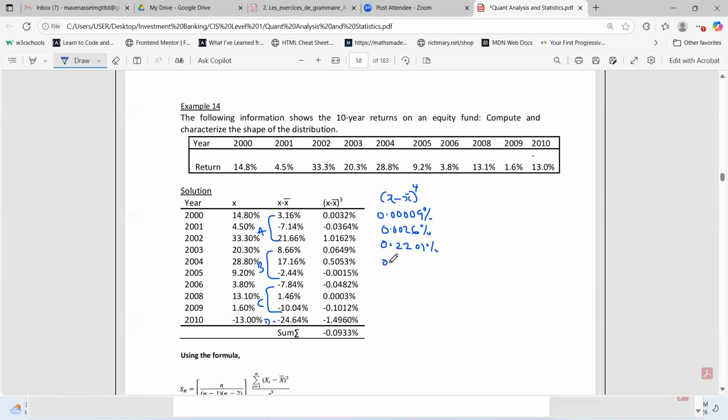So we have 0.0056%. Then 0.0867%. Then 0.4035%. Then 0.120378%.